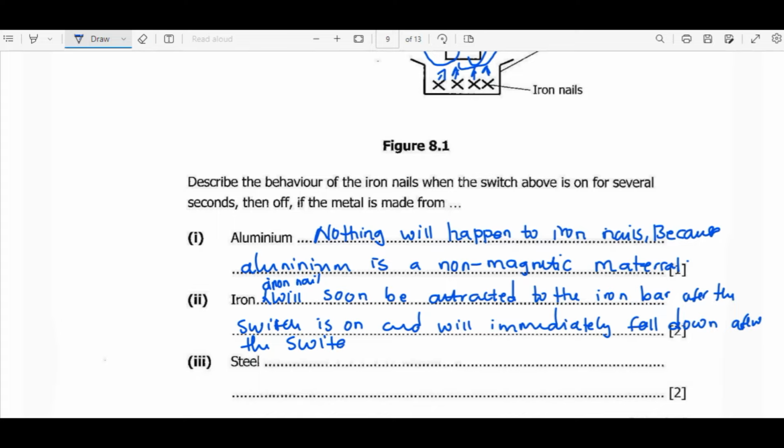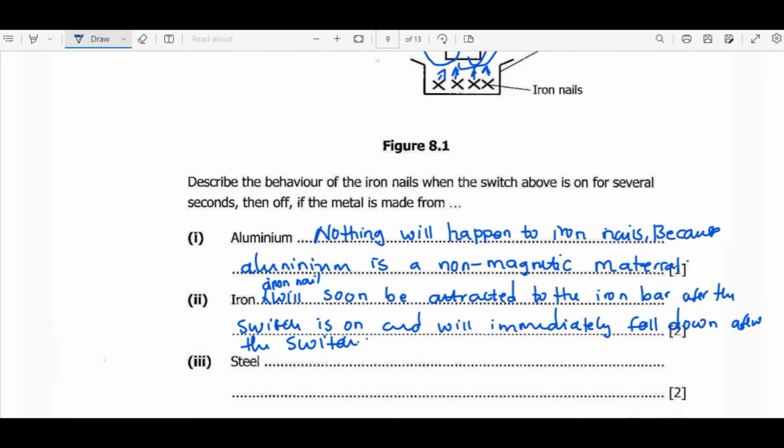So the concept that we are looking at here is, for iron, we know that it's easy to magnetize. So immediately you switch on, that iron metal is made into a magnet and it is going to attract the iron nails. Then immediately you switch it off, it will lose its strength via demagnetization, hence the falling down of iron nails into the plastic beaker.